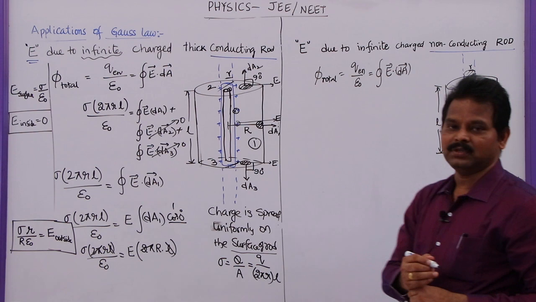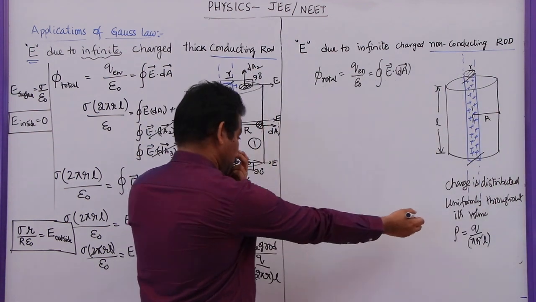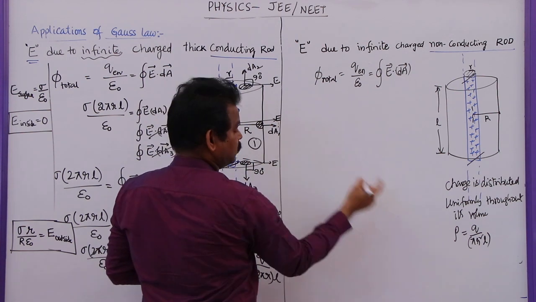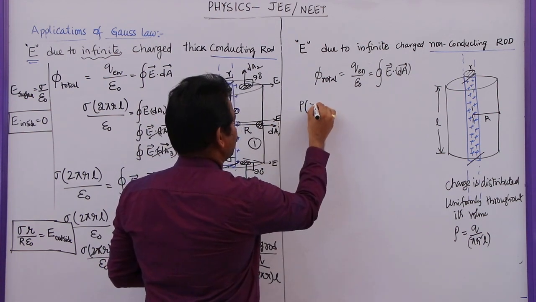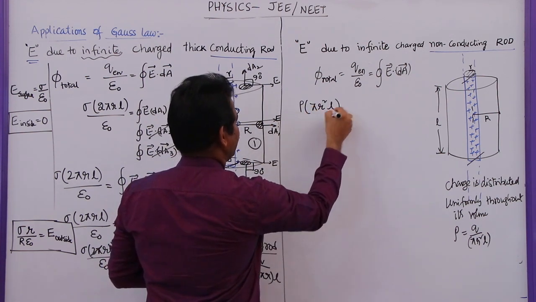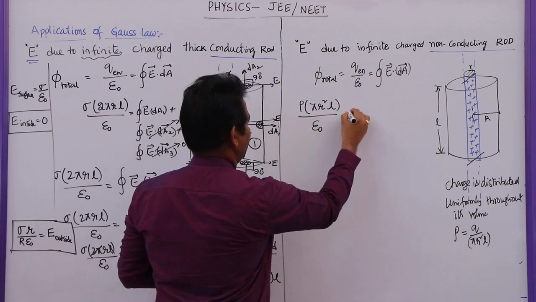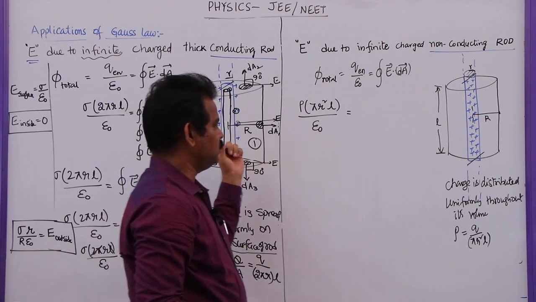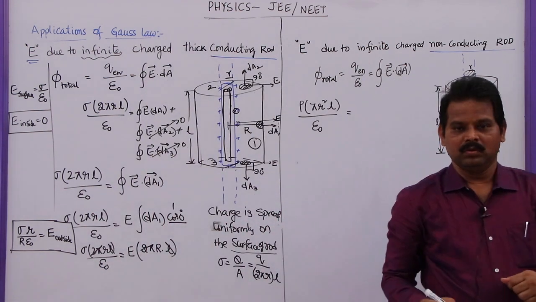Now let me substitute this enclosed charge here. The charge enclosed is rho pi r square L by epsilon naught. This is from Gauss law. Here also we need to follow the same procedure.